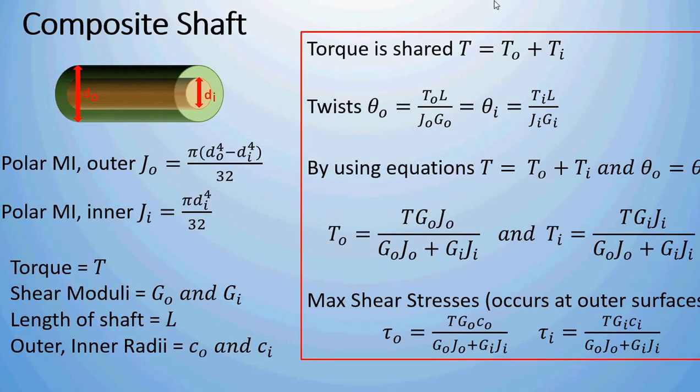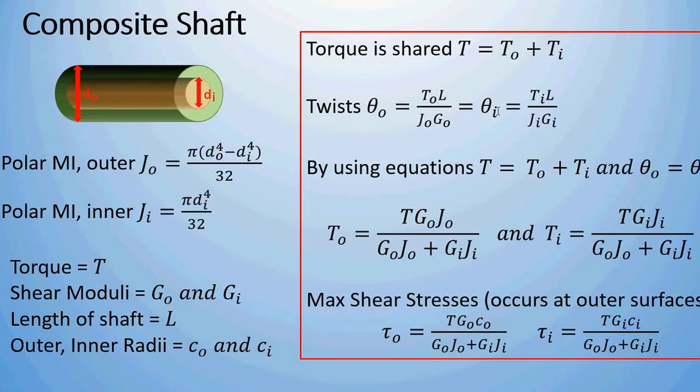An important thing to note is that the amount of twist for either material is the same value. So even though your T outer and T inner are different, and so on with the other variables, the twists have to be equal to each other.